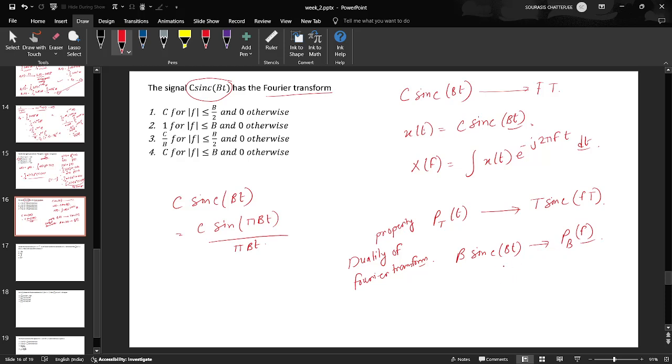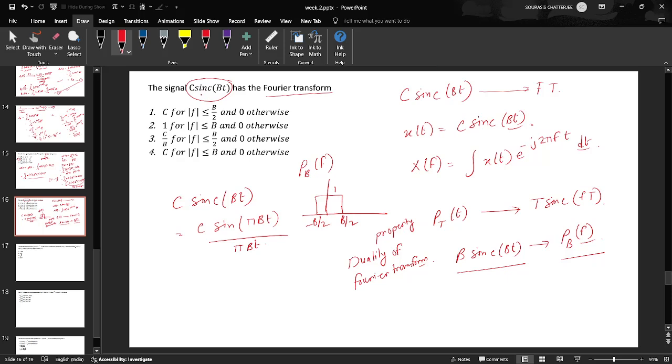So from here only we can see that if we make this change here, now b sinc bt has this Fourier domain, frequency domain representation where p_b(f) in frequency domain is given by this pulse here of unit amplitude and bandwidth b.